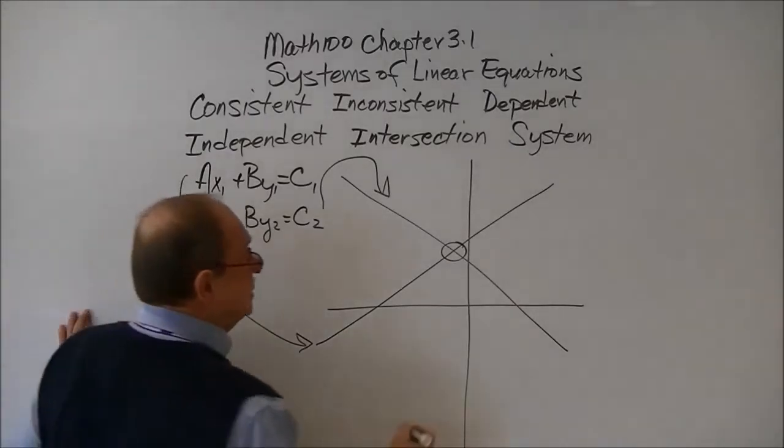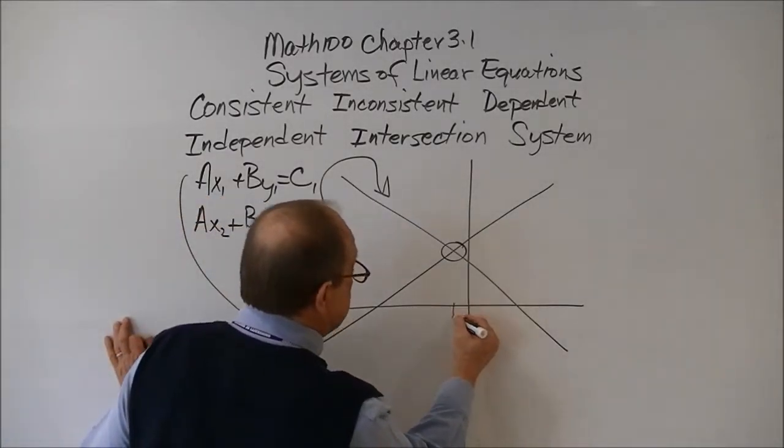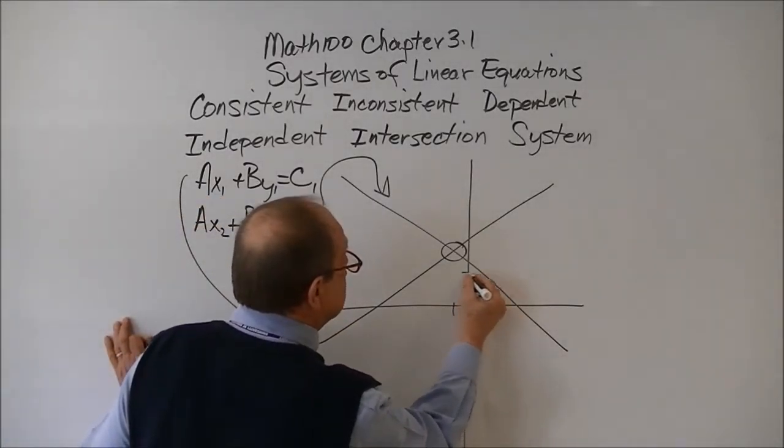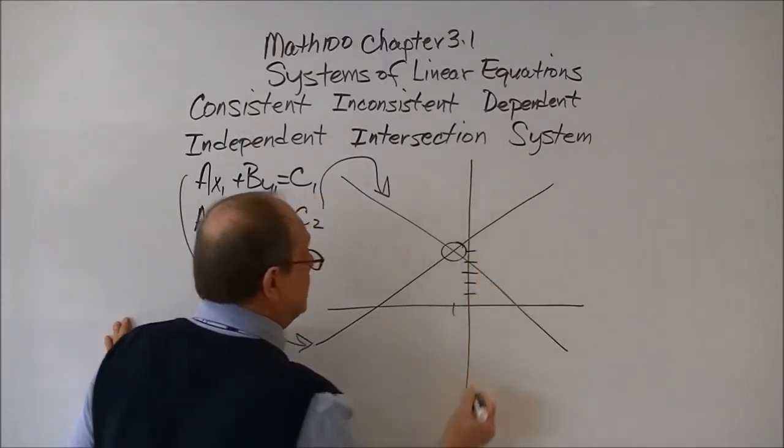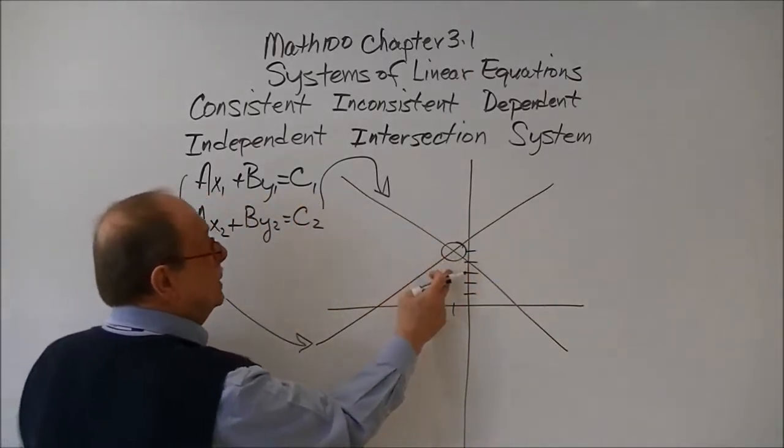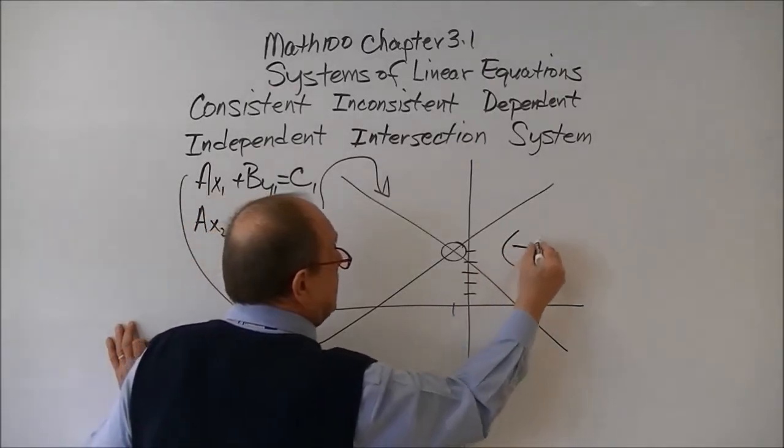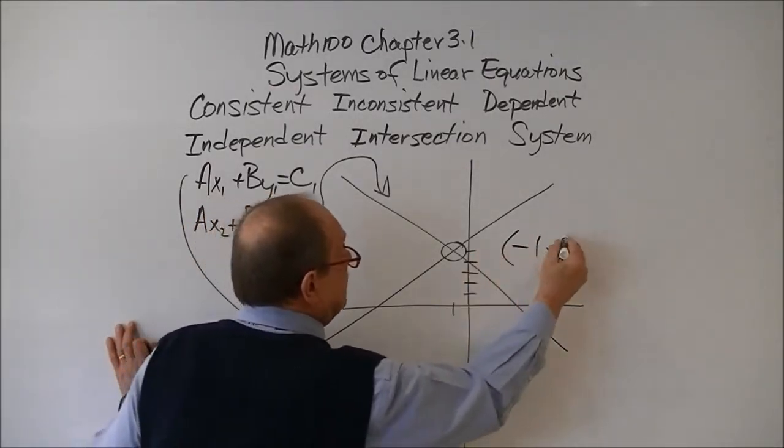And if this is 1, and this will be 1, 2, 3, 4, 5, this point of intersection is a -1 and a 5.